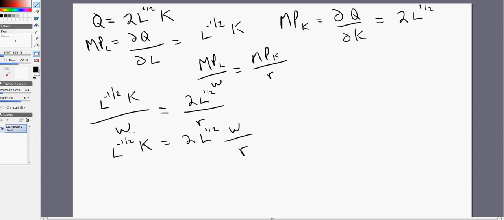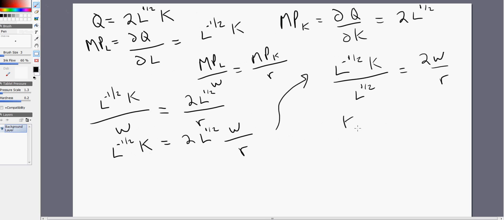All I did here was multiply both sides through by the wage, so I got rid of this W over here. And now let's divide both sides through by L to the 1/2 power. And you're left with something like this. Simplifying the left-hand side, we get K divided by L equals 2 times the wage divided by R, the rental rate.